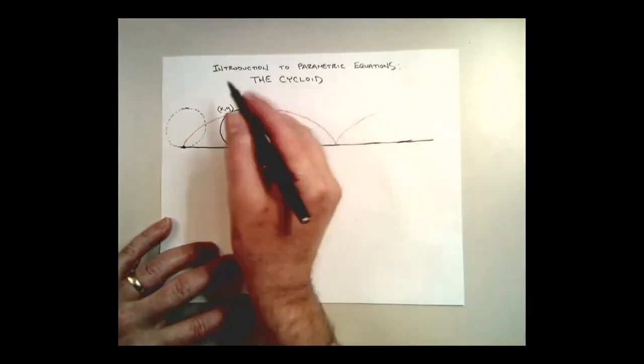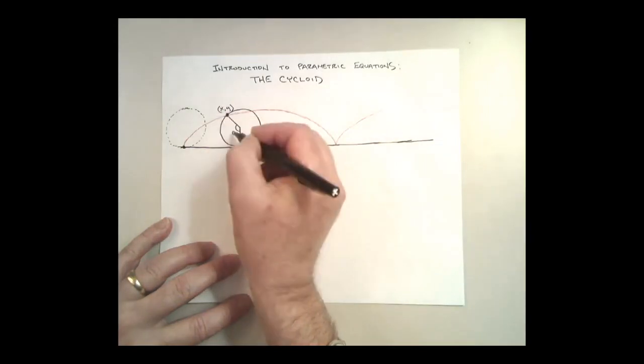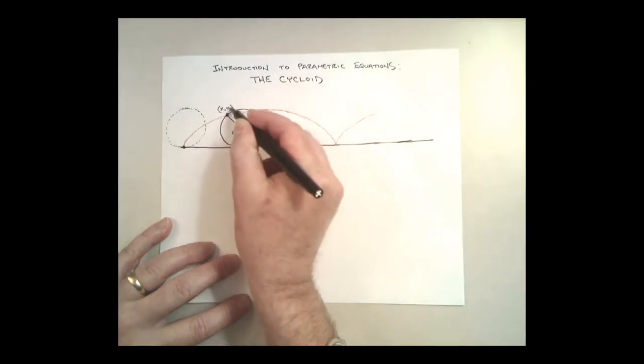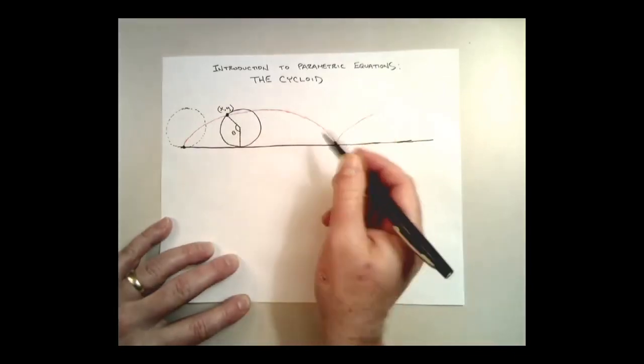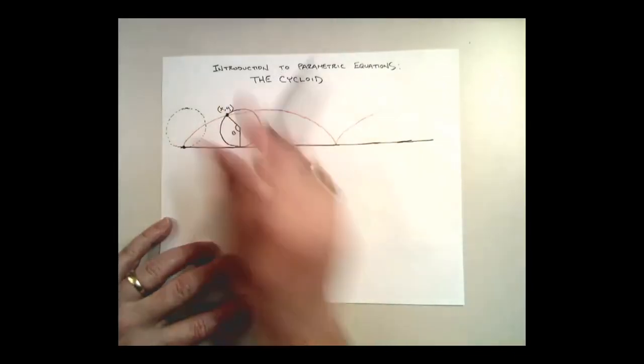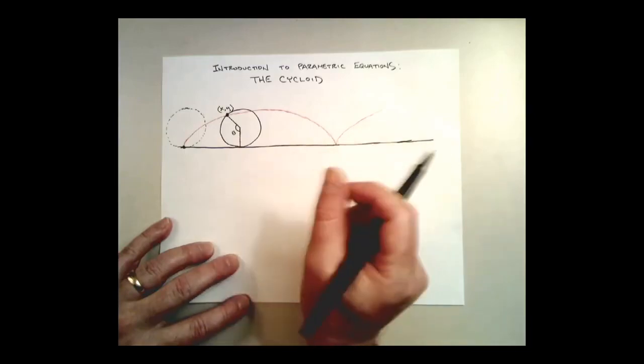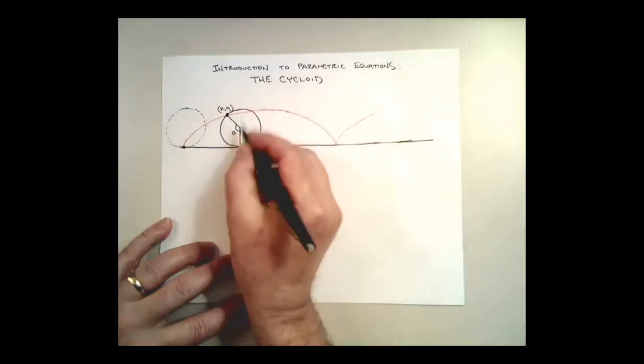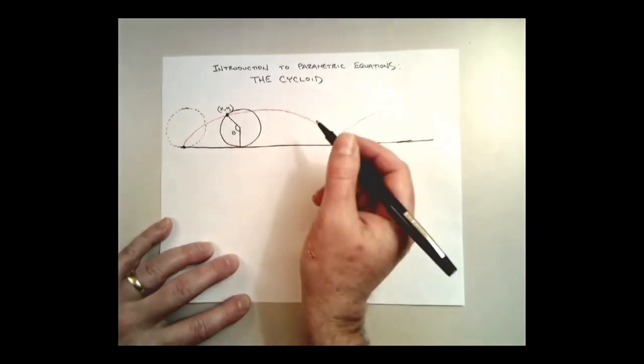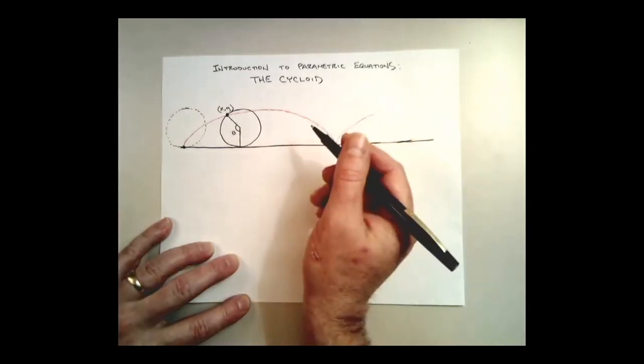What we'll have then is an equation for x in terms of theta and an equation for y in terms of theta. That pair of equations is referred to as a pair of parametric equations in terms of the value theta. Theta will be referred to as the parameter at that point.